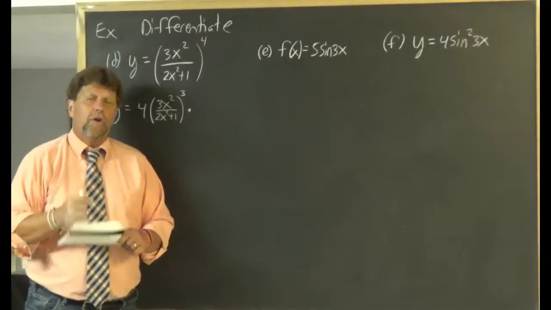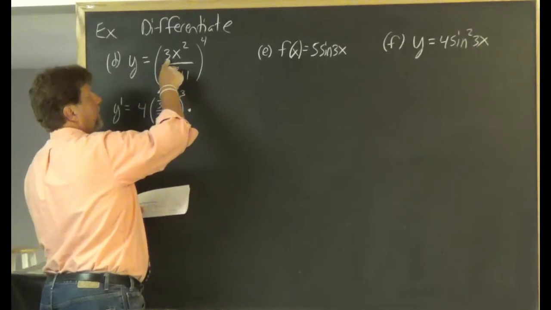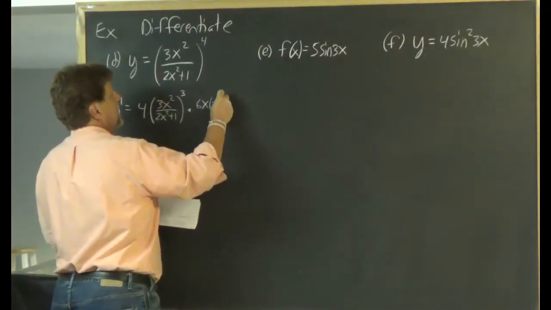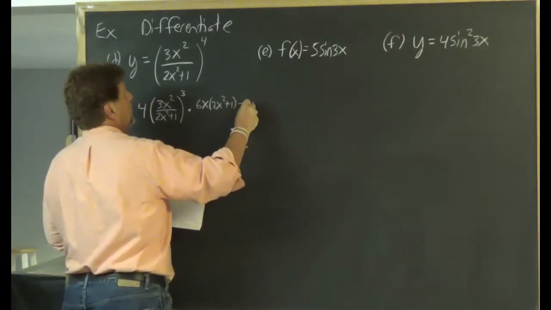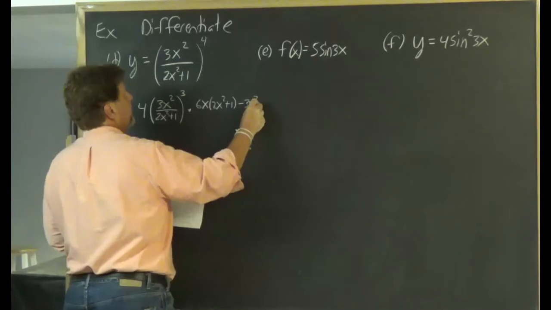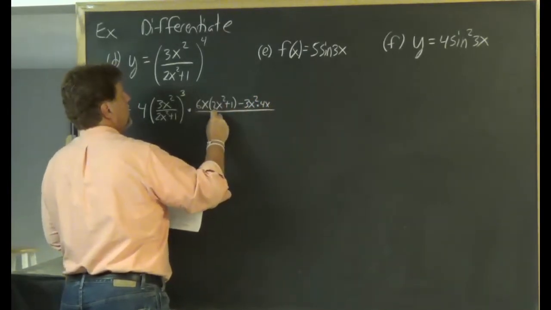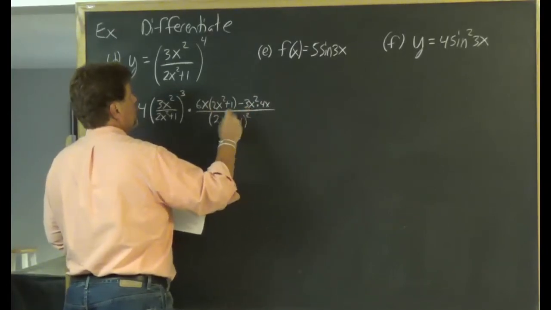We have to use the quotient rule. So here we go. Derivative of the numerator, 6x, times the denominator, minus the numerator times the derivative of the denominator, all over the denominator squared.